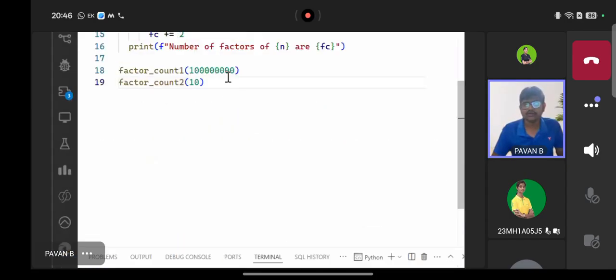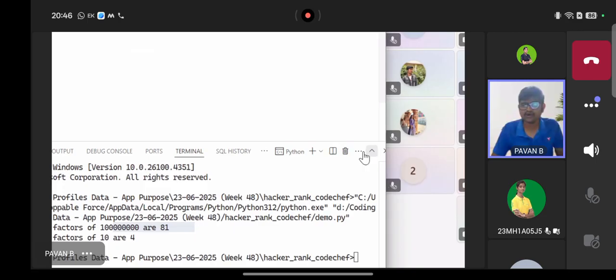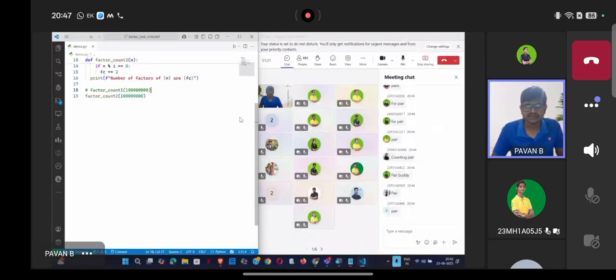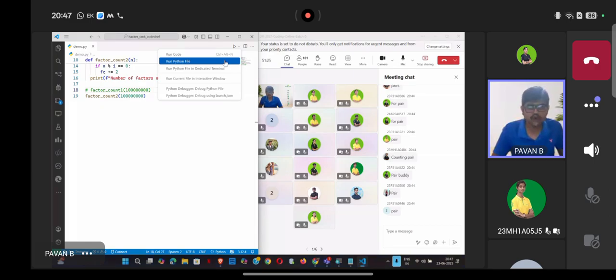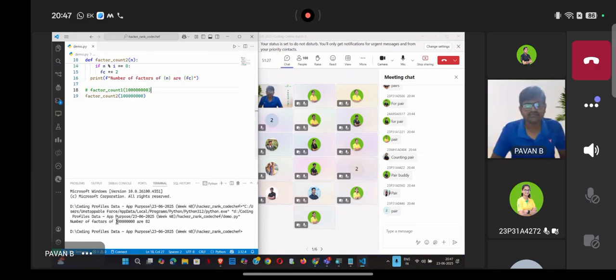Now, what you can do is you can feed the same number. Let us copy this. Let's feed the same number to this function and comment this one. Now see, for this code, how quickly the output comes. 3, 2, 1, go. See. But wait a minute.